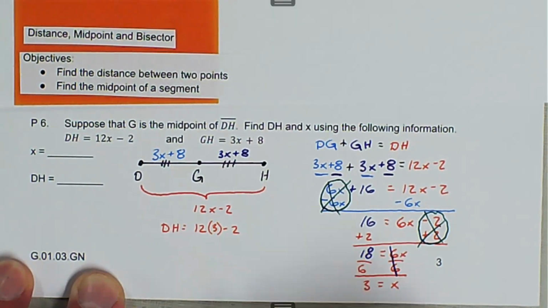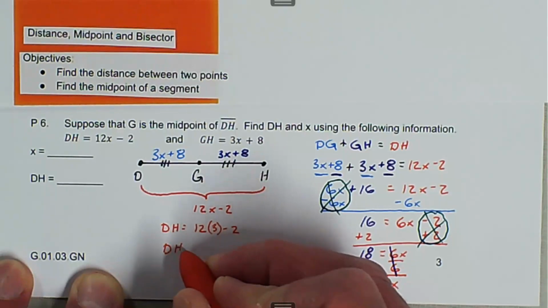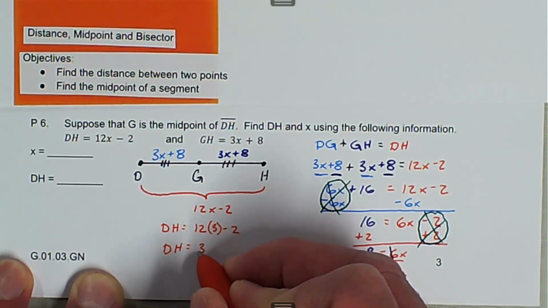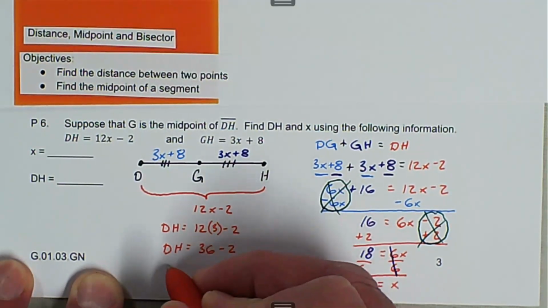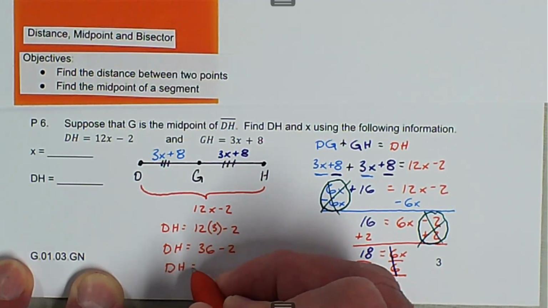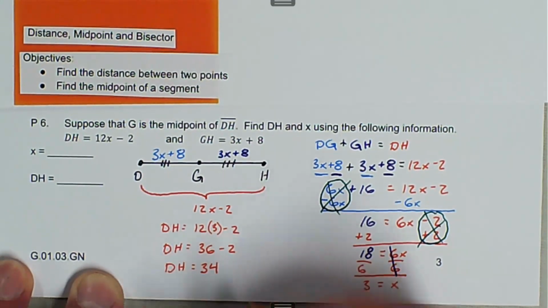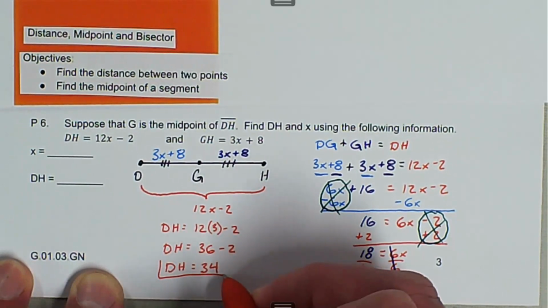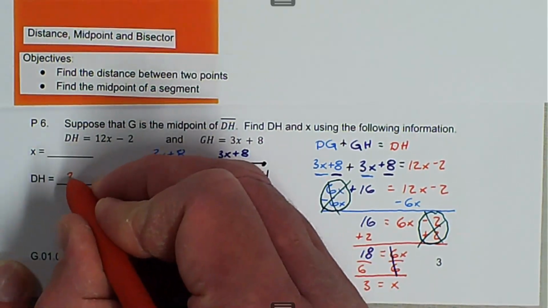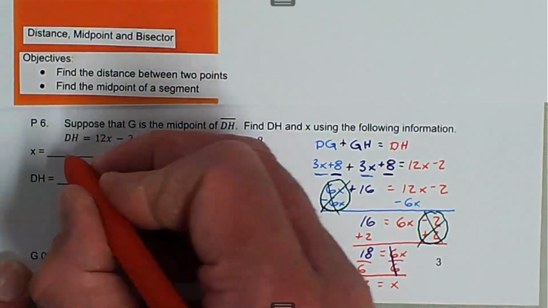So we substitute in 3, and we get DH is equal to 36 minus 2. So DH is equal to 34. And those are the two answers. So 34 and 3.